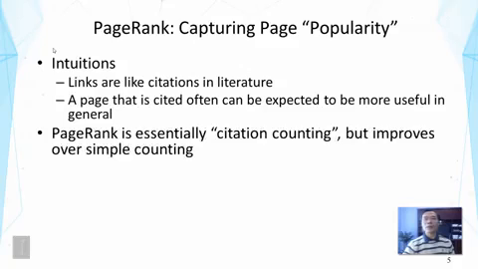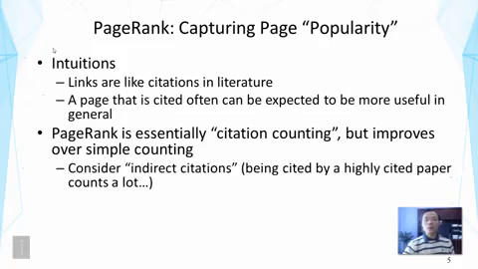Now, PageRank is essentially to take advantage of this intuition to implement it with a principled approach. Intuitively, it's essentially doing citation counting or in-link counting. It just improves this simple idea in two ways. One is it would consider indirect citations. So that means you don't just look at how many in-links you have.